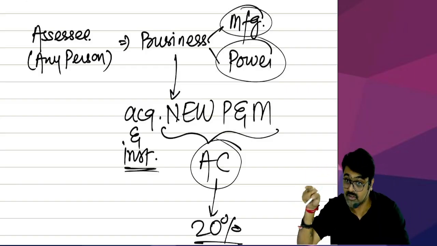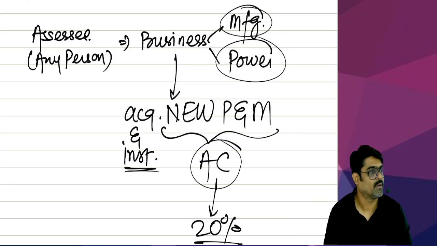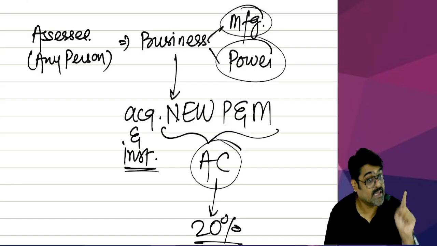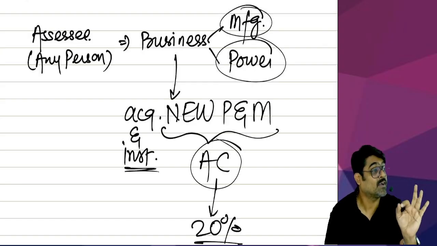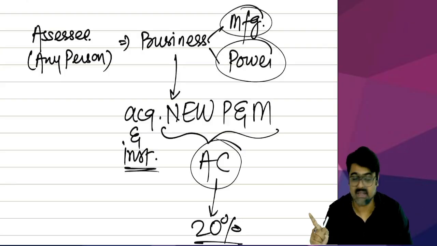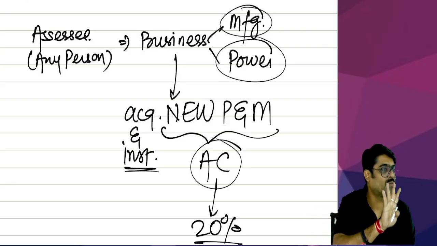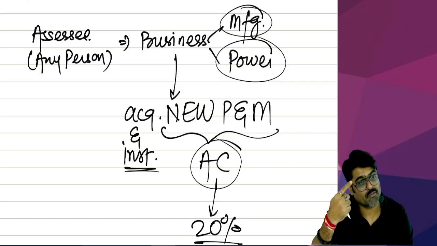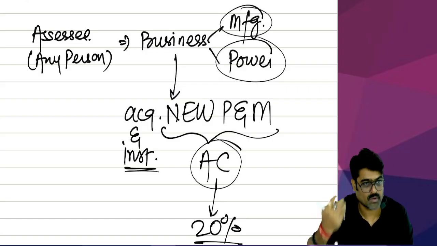But even this will become half in the first year in which the asset is acquired and installed. If that asset was put to use for less than 180 days, then this additional depreciation will also become half. But the remaining half will be claimed in the immediately following previous year. We are going to allow that also.